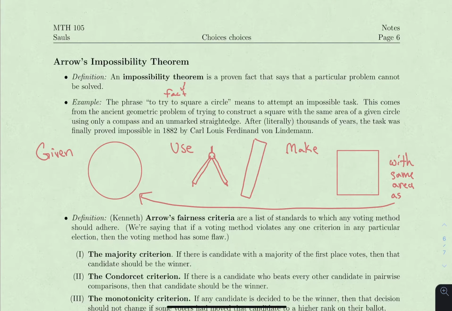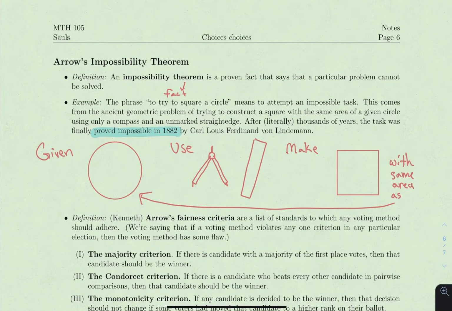That was the goal of trying to square a circle: to make the square that had the same area as a given circle using just these two tools. It took mathematicians thousands of years, but finally it was proven impossible in 1882. So you just can't do it if these are the only tools that you allow yourself. That's an example of an impossibility theorem.